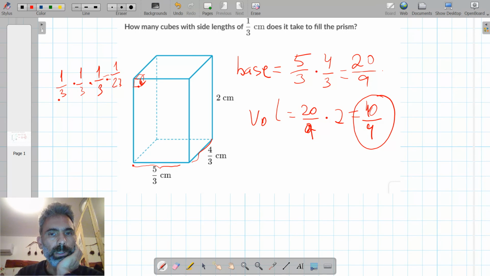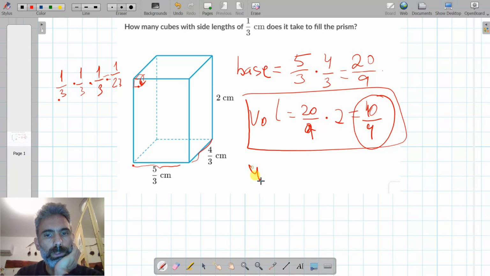So we need to divide the entire volume of the large rectangular prism, which is 40 over 9, divided by 1 over 27, which is the same thing as multiplying 40 over 9 times 27 over 1.